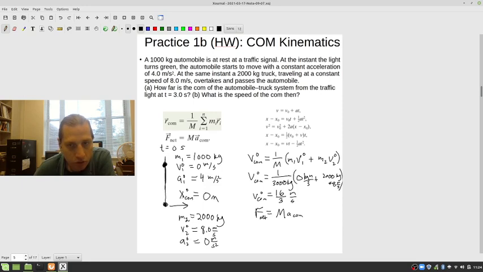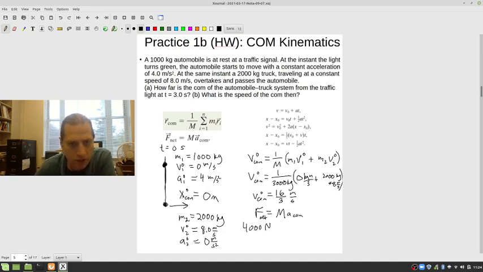Now the total force on object 1 is m times a. F equals ma. So that's going to be 1,000 kilograms times 4 meters per second squared. So that's going to be 4,000 newtons.